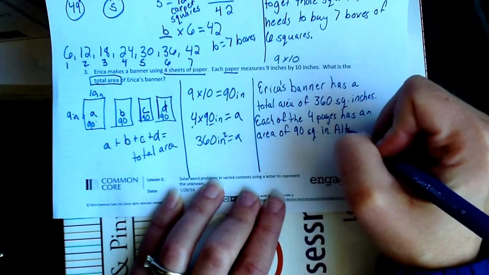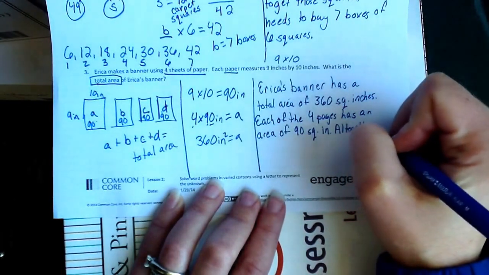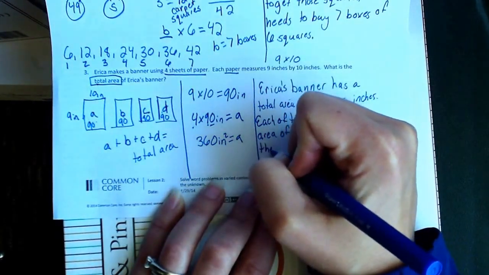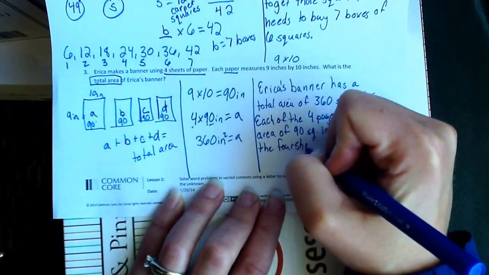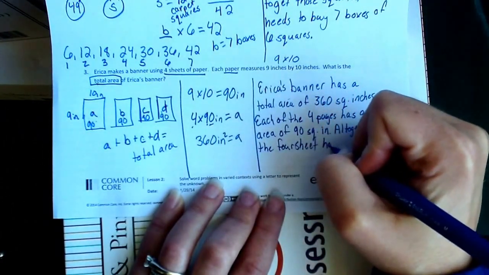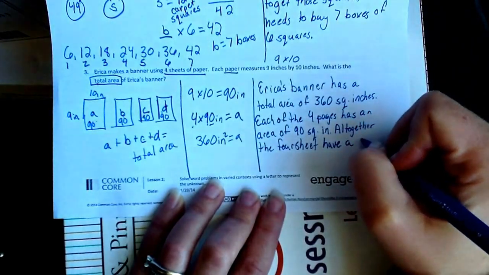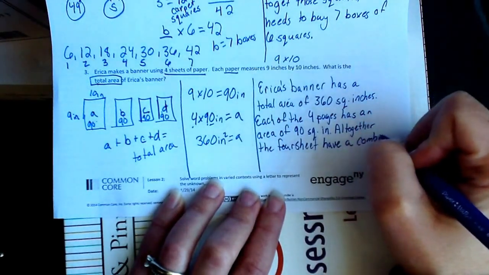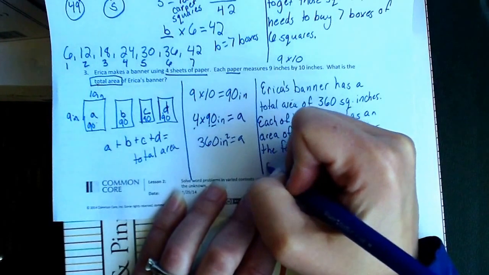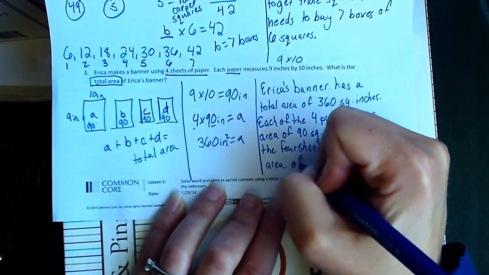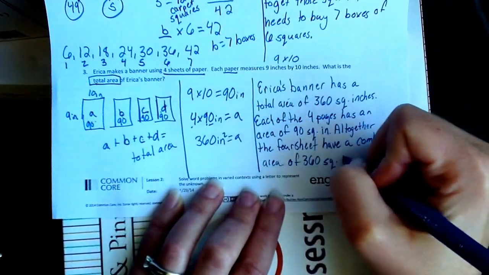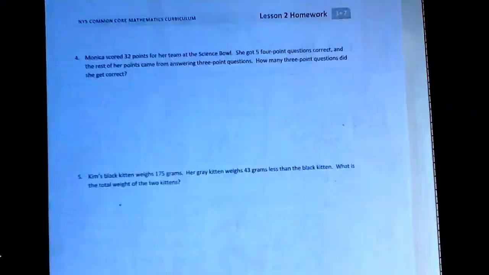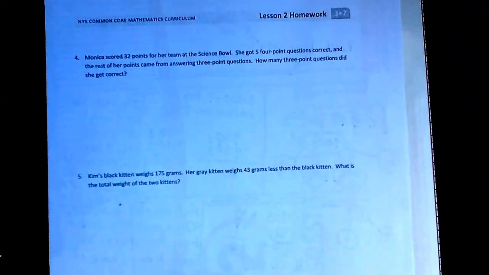Altogether, the 4 sheets have a combined area of 360 square inches. Let's move on to question 4 in the back here.